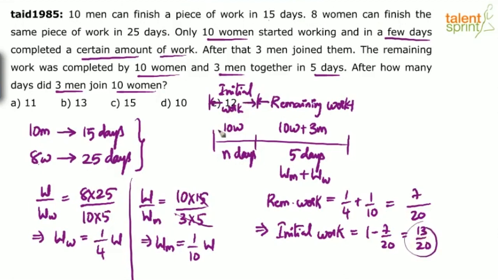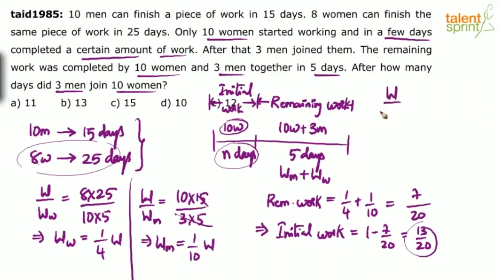Now this 13 by 20 was done by whom? 10 women in n days. So simplify now. Again, use the same thing. 8 women can do the total work in 25 days, right? W by initial work, you're getting it?